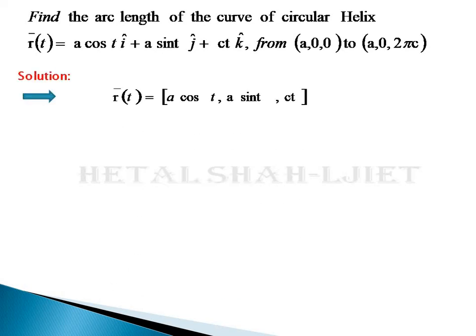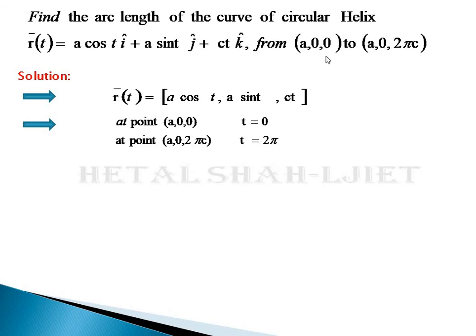We have to find the arc length of the curve of the circular helix with this boundary. This is our position vector: a cos t, a sin t, comma ct.